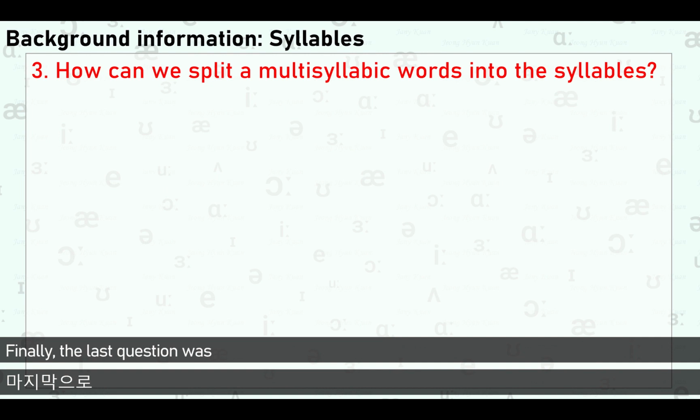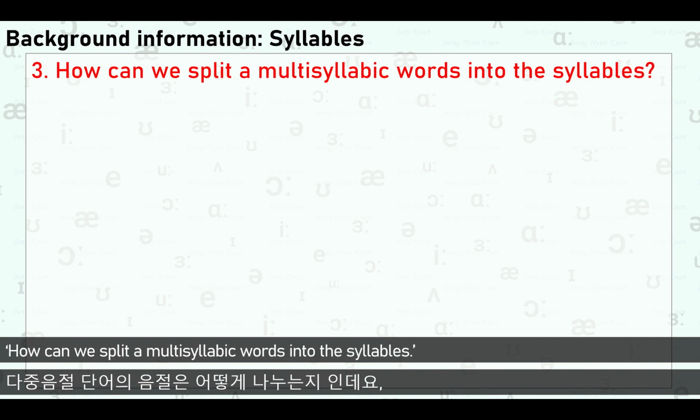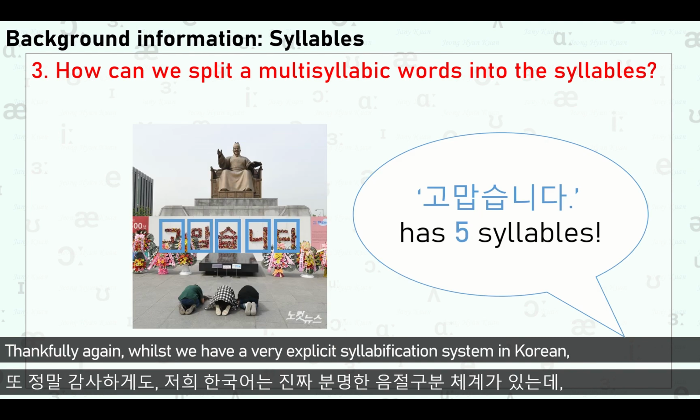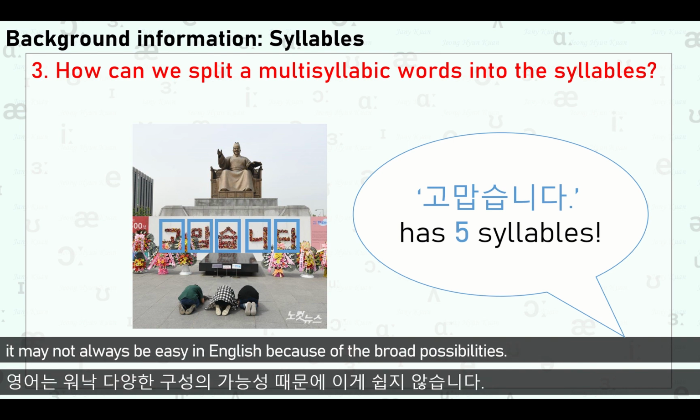Finally, the last question was, how can we split a multisyllabic word into the syllables? This process of splitting is called syllabification. And thankfully again, whilst we have a very explicit syllabification system in Korean, it may not always be easy in English because of the broad possibilities.